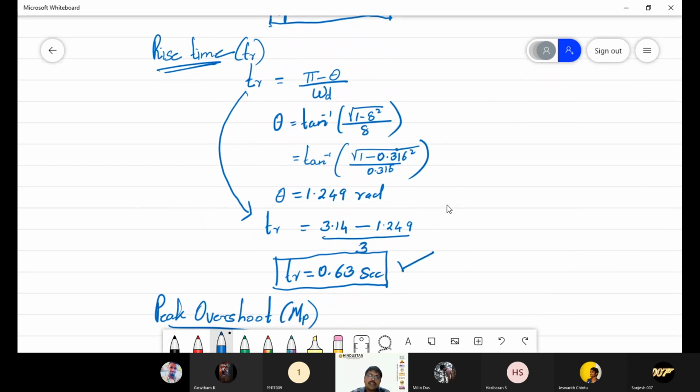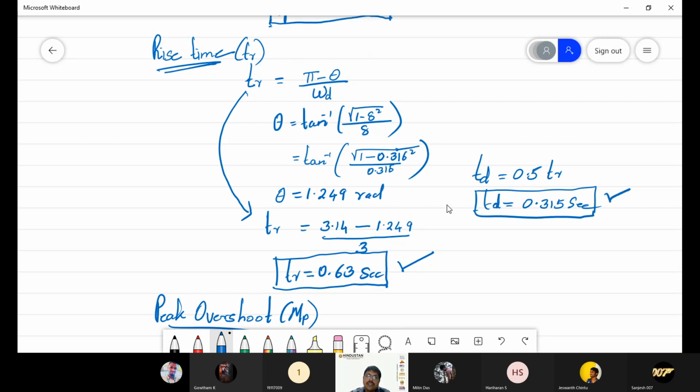If you want the delay time, easily you can write td is equal to 50 percent of rise time, that is equal to 0.315 seconds. So if you want delay time, that also we can put.